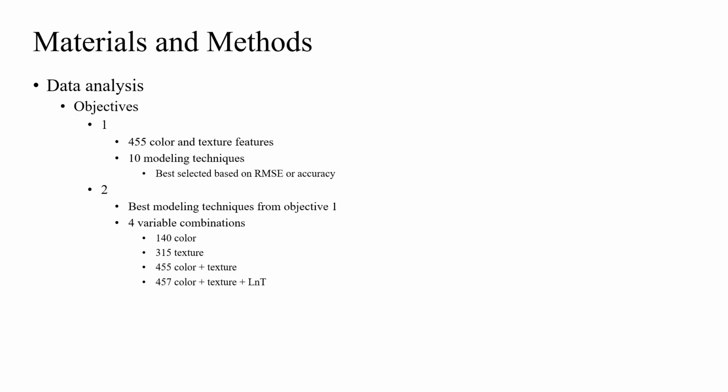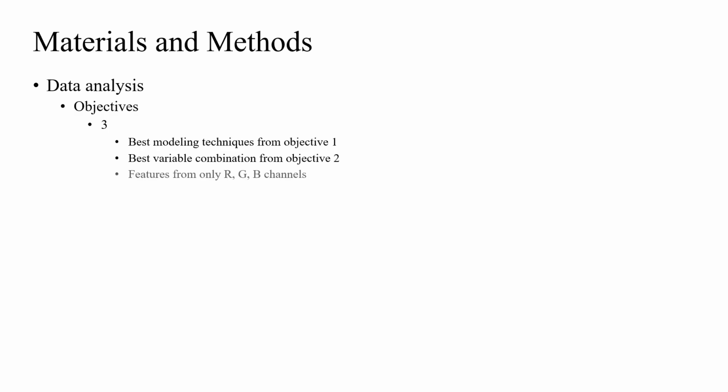To investigate the study objective 3, what the value of color and texture features of RGB image transformations was, the best modeling techniques selected in objective 1 were used, and the best predictor variable combination selected in objective 2 was used. And models were developed and compared to objective 2 models, using features extracted only from red, green, and blue channels, since these 3 channels composed raw original RGB images, while everything else was a transformation based on these 3 channels.